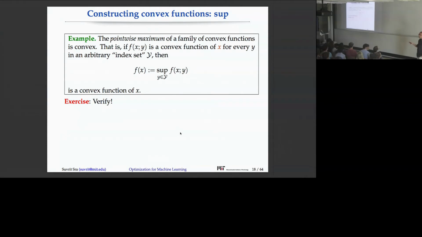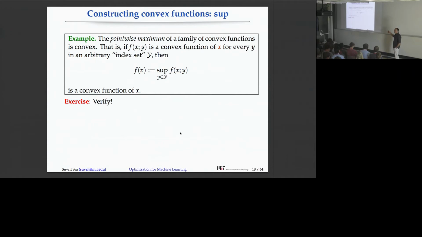So y can be an infinite set, it can be a finite set, it can be whatever set. Suppose you can index it, that much I ask. And for each particular choice of y, f(x; y). I put a semicolon because x and y are not on the same footing here. So just to remind you of that.